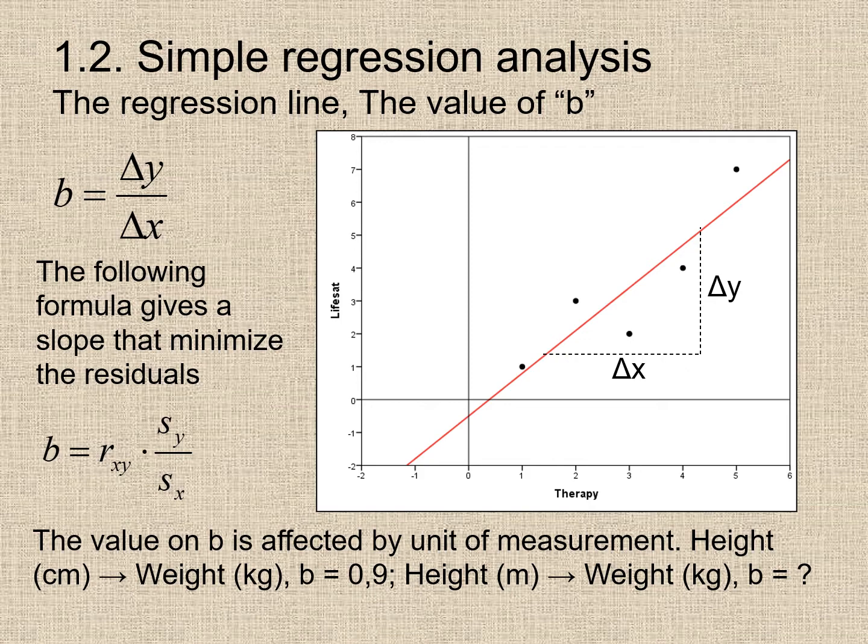For the adult Swedish population, for an increase in height of 1 meter, we expect weight to increase by 90 kilos. So the value of the non-standardized regression coefficient is affected by unit of measurement.